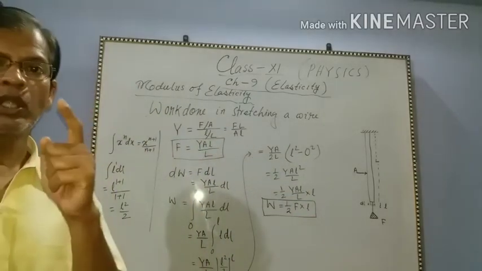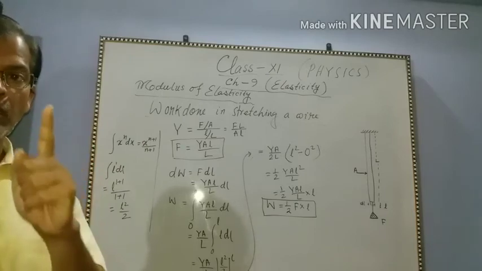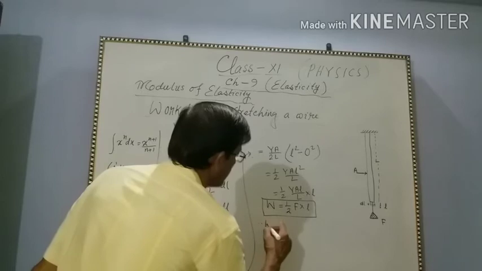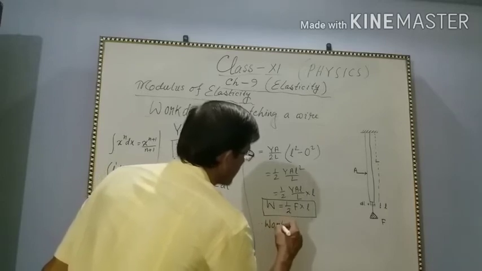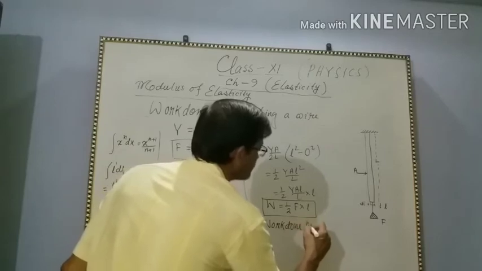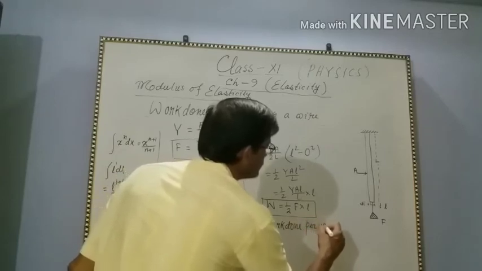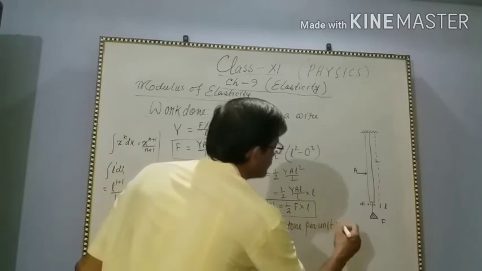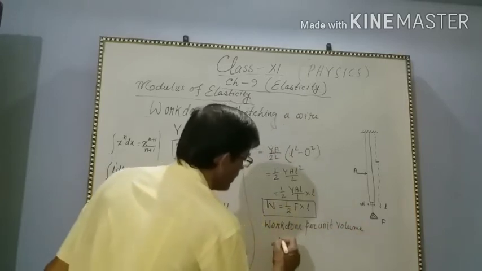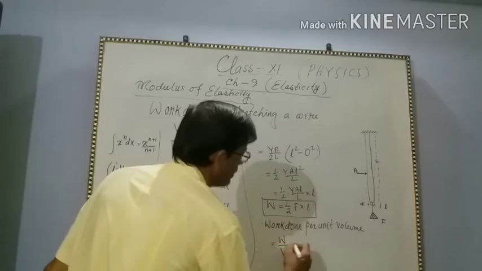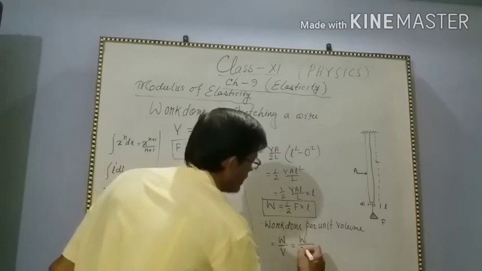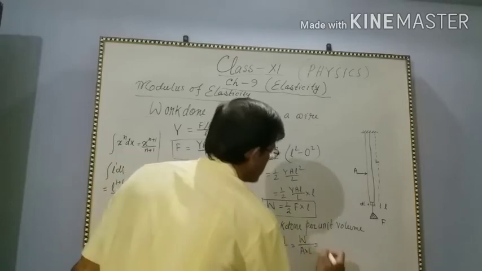Now the question is, what is the work done per unit volume? It equals W by V, where volume means area into length. Now what is W?